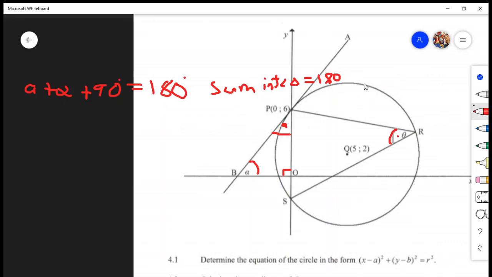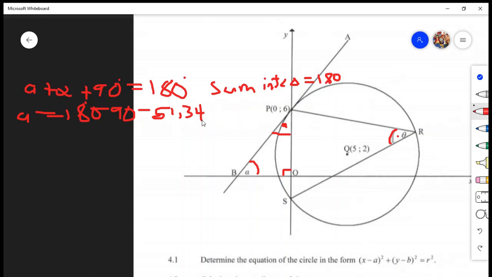So A is therefore equal to 180 minus 90 minus alpha, which was 51.34. Is that correct? 51.34. Okay.